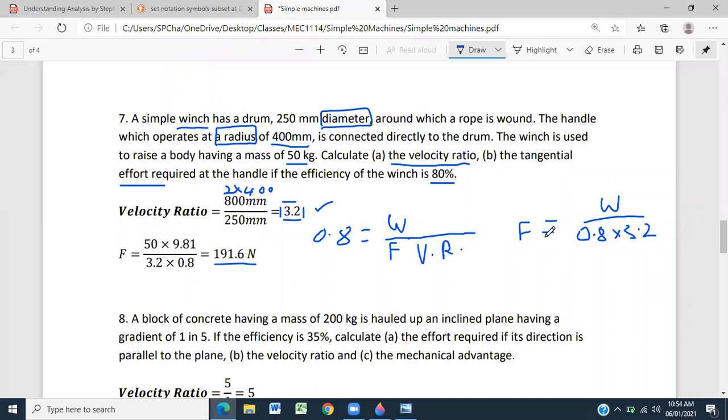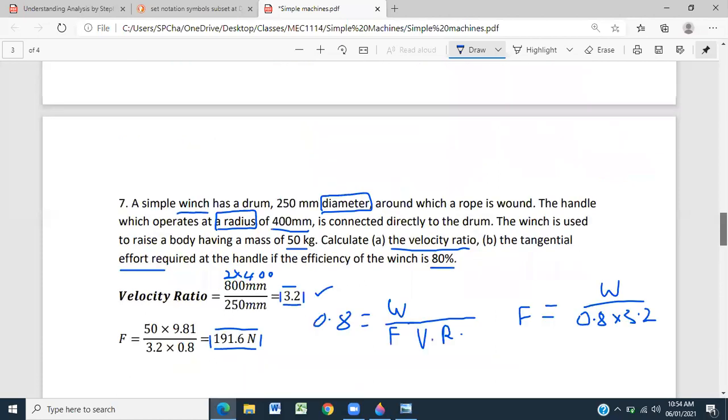Or you could go about finding the mechanical advantage first, then finding this. Or I could just do it this way. Good. That should give you 191.6 Newton, right? Easy enough.